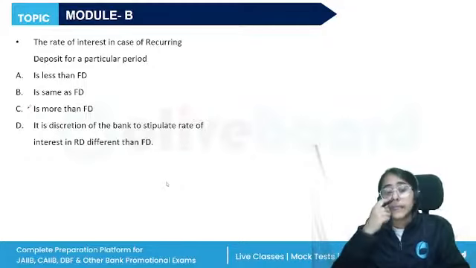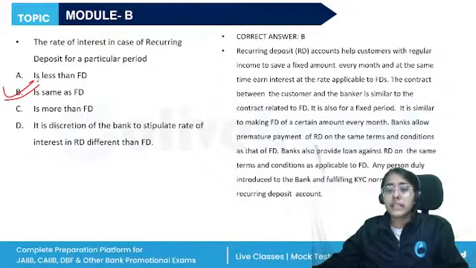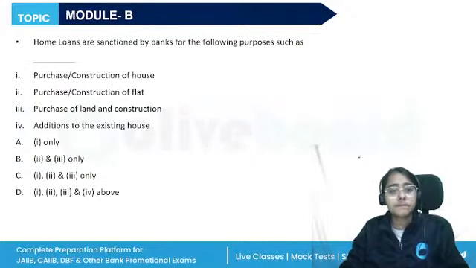The rate of interest in the case of a recurring deposit will be the same as a fixed deposit, right? The banks also allow premature payment of RD and also give loans against RD. Any person complying with the KYC norms can open a recurring deposit account.